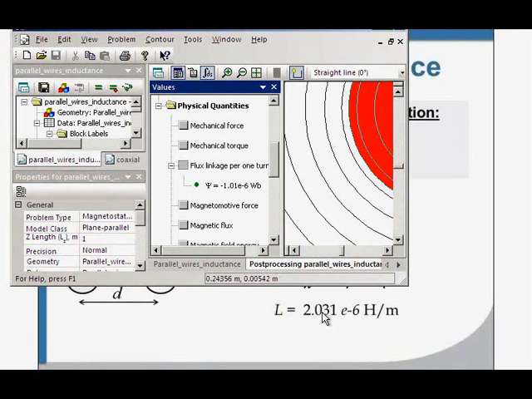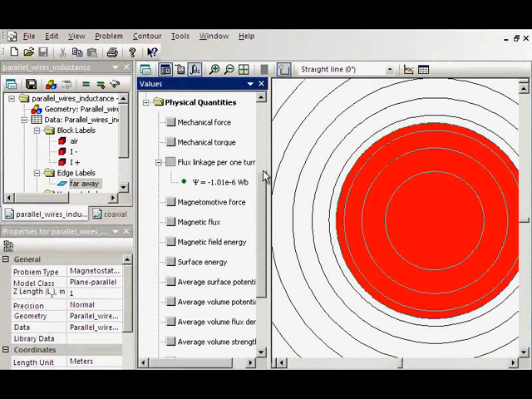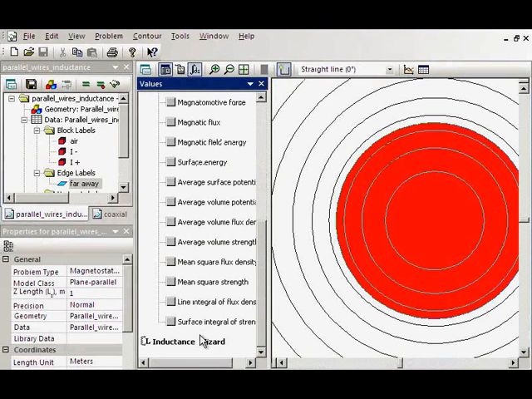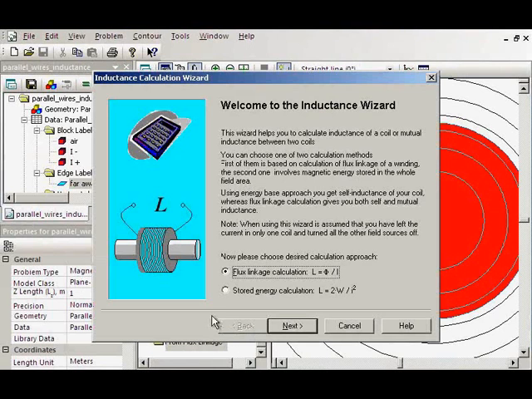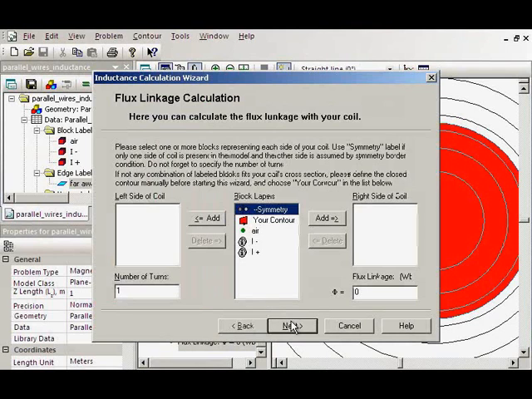And what about the built-in inductance wizards? You can use them as well. Let me show you how to use the wizard in this problem. The wizard asks to specify the direct and back current to calculate the flux.